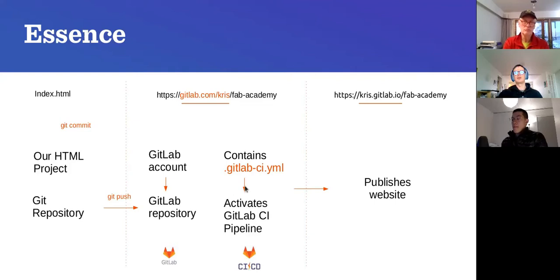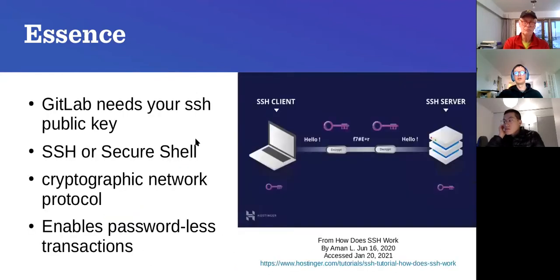For every push, it's going to activate the GitLab CI pipeline, as it's officially called on the GitLab server, which is going to publish your website. And up here, there's an address. I'm going to fix the PDF before sharing, and maybe the video as well.